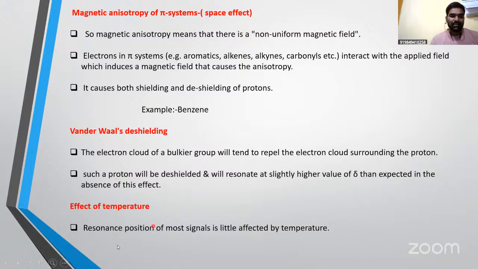Effect of temperature: the resonance position of most signals is little affected by temperature.